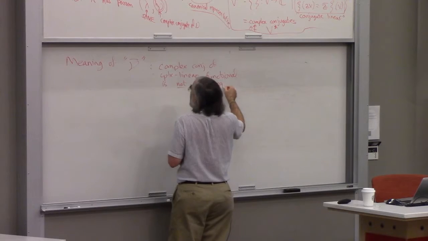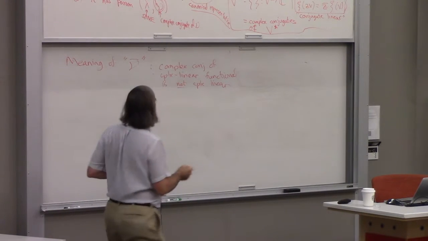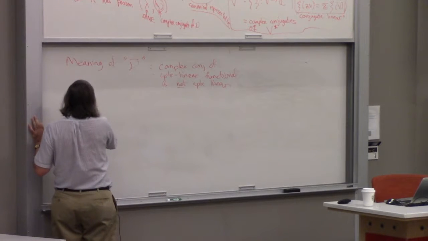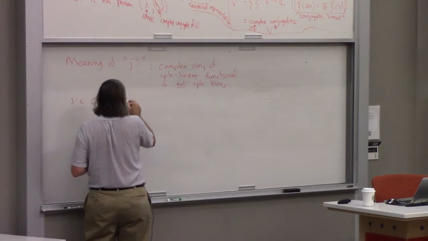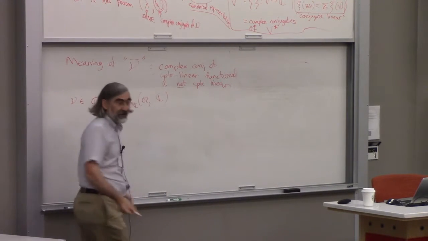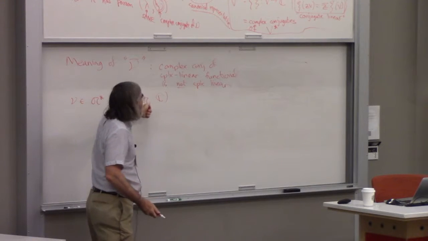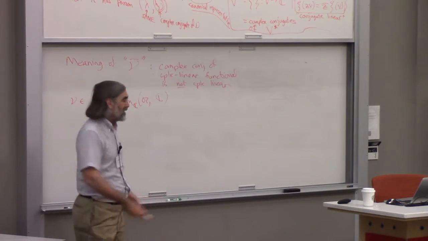So, well, nu was an element of A star, which is Hom over C of A into C, and this is the picture in which it's not possible to take nu bar.